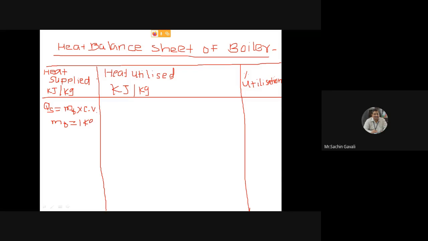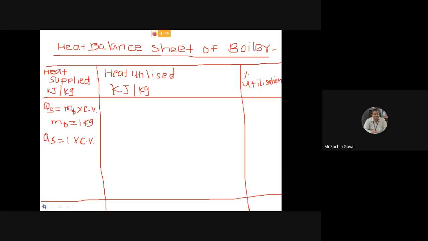We are drawing for only 1 kg of fuel. Therefore, QS is coming as, per kg of fuel, how much heat can be supplied? It is obviously the calorific value. 1 into calorific value. So for the basic heat balance sheet, we'll consider that heat supplied has only one formula, that is mass of fuel burned into calorific value. Mass of fuel burned is 1 kg of coal or 1 kg of fuel, therefore QS is equal to 1 into calorific value. And afterwards, what we have to go for is the total.